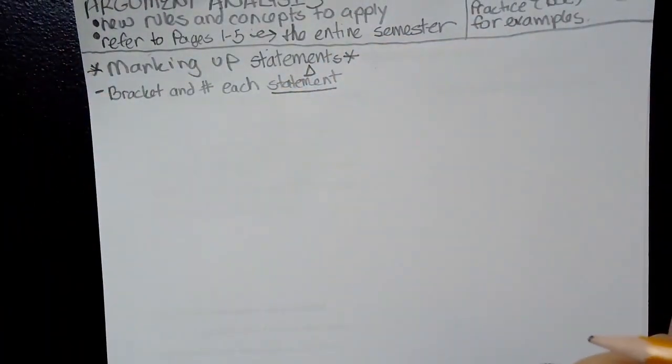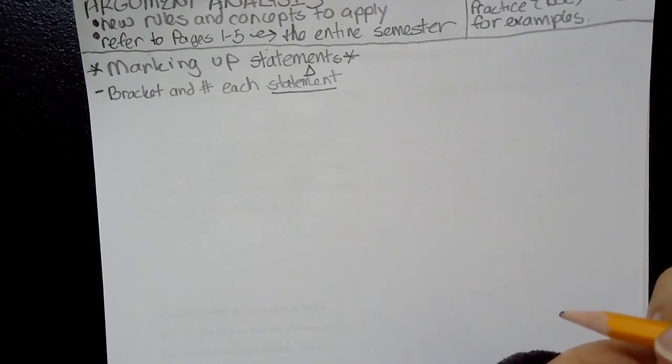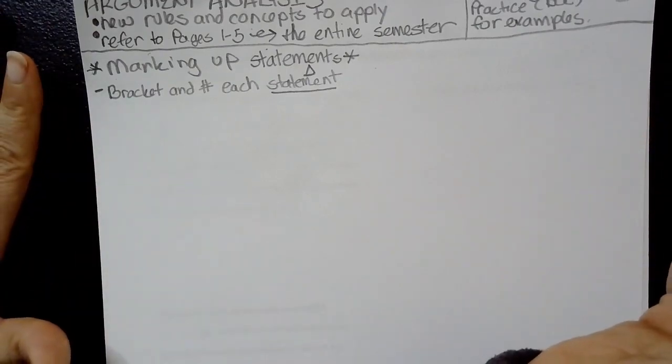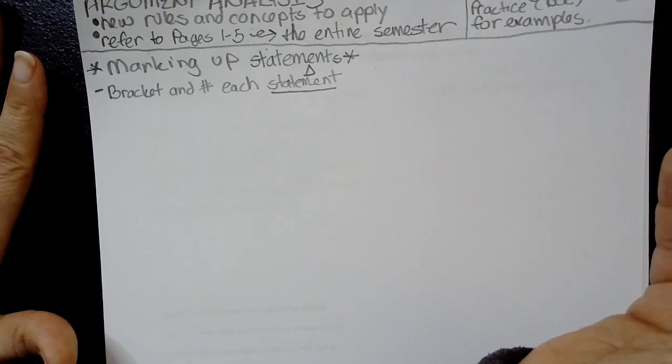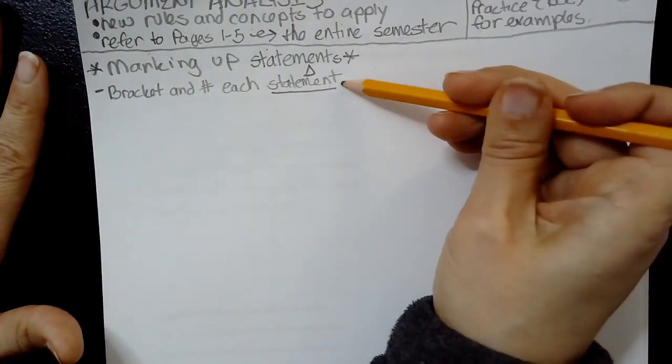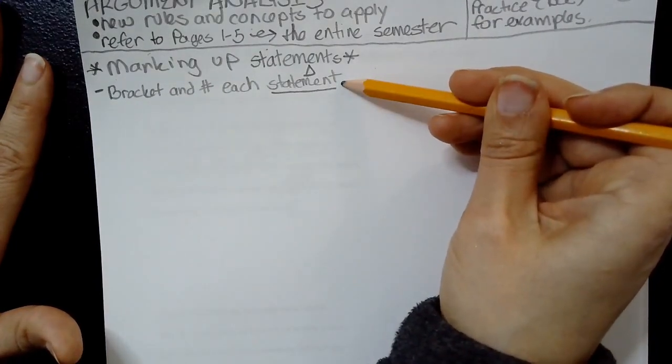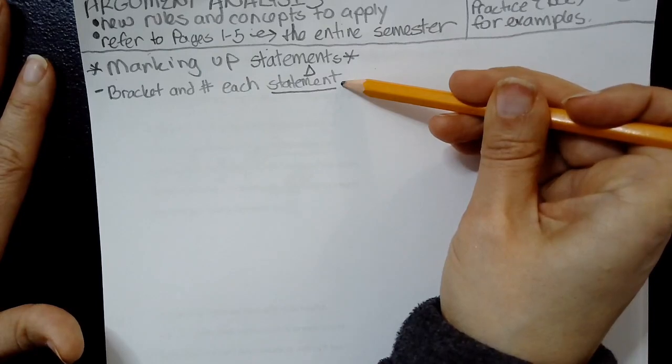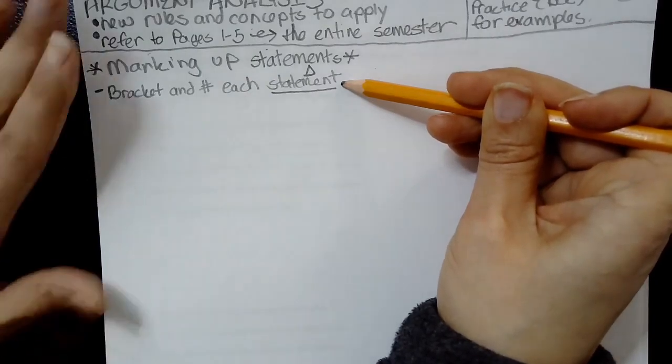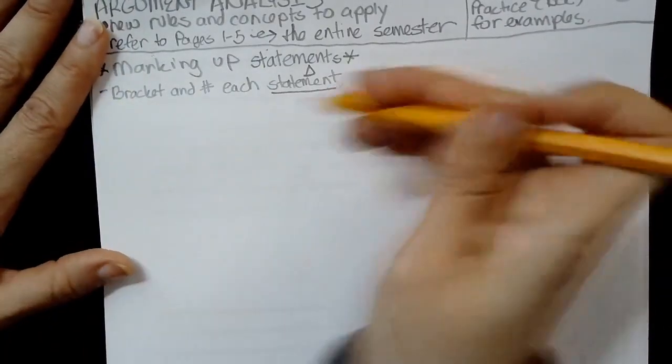When we're working within the passage, we are not bracketing and numbering premises or conclusions as such. We're not saying this is premise 1 or premise 2. We're just looking at statements right now. We're not even labeling what's a premise or a conclusion. Some students, about 10%, end up numbering the premises in a paragraph, and that's not what you're numbering. You're numbering statements. Okay, bracket and number each statement.